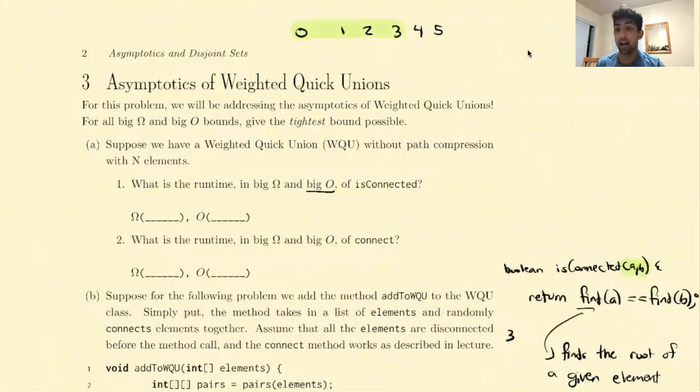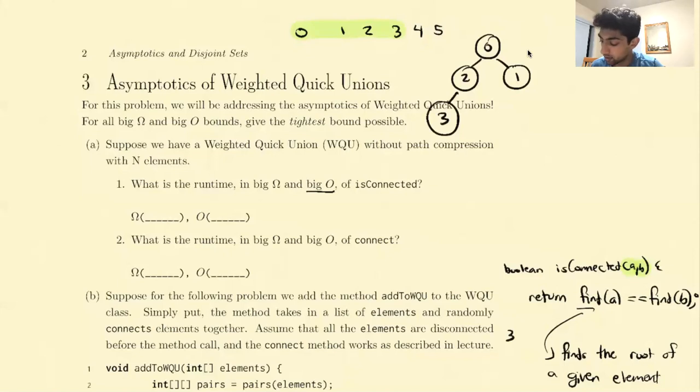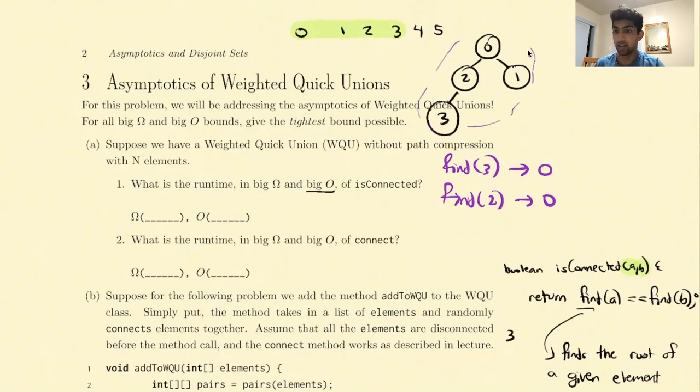We could potentially have a tree that captures this group like 0, 1, 2, 3. If we ever call find on 3, this will give us 0. If we call find on 2, this would also give us 0. In other words, if we call find on any element of this tree, we will always get the root of the tree. That's what the find operation is doing.